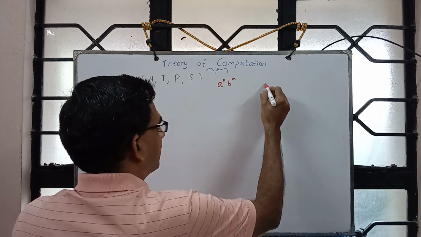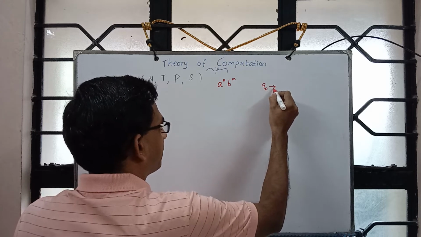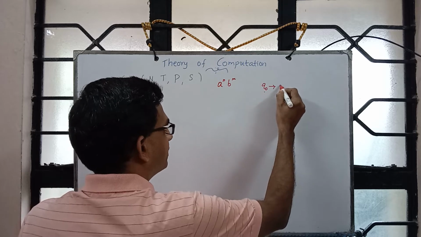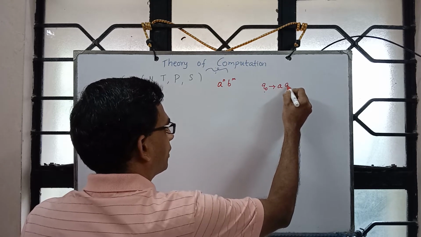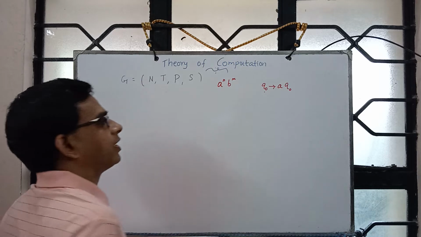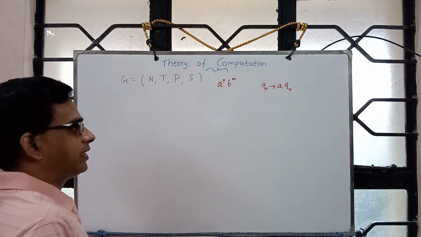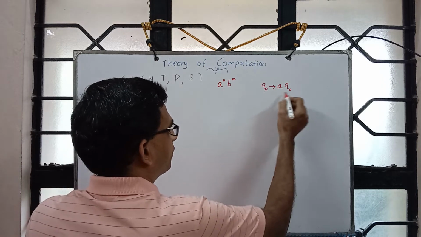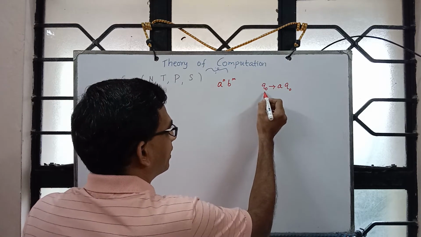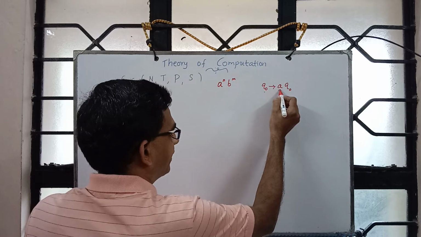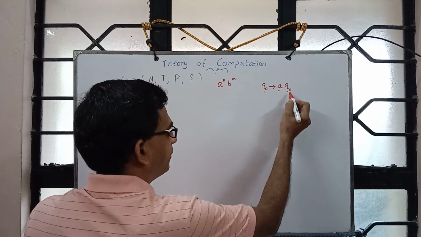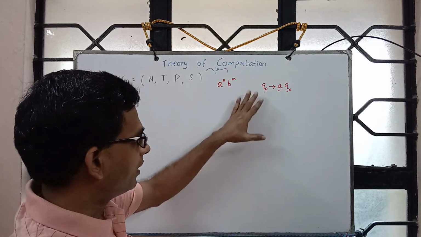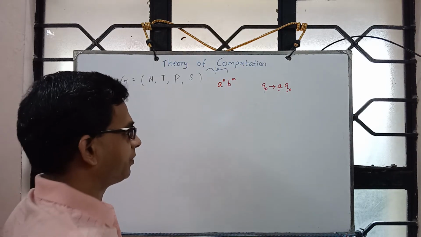We observed that if you look at any of the productions, you will have something like state implies a symbol followed by, say, another state. So that is how it was for all of them. Such productions will always have exactly one terminal followed by exactly one non-terminal. And in fact, for all regular grammars, you will have this property.